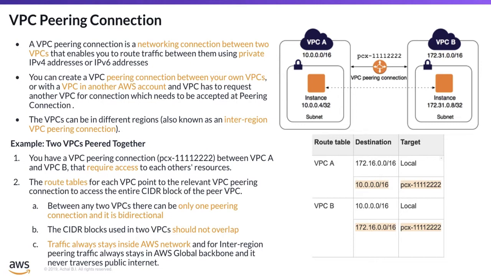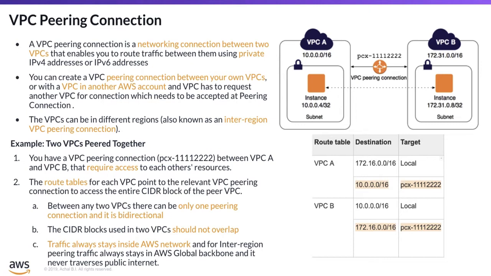For example, in VPC A, the route table has the CIDR block of VPC B, and VPC B has the CIDR block range of VPC A.